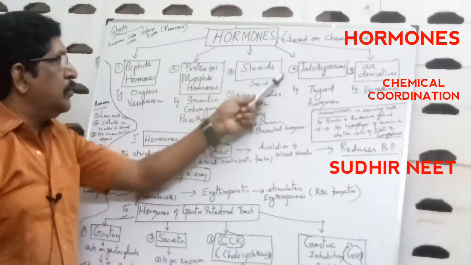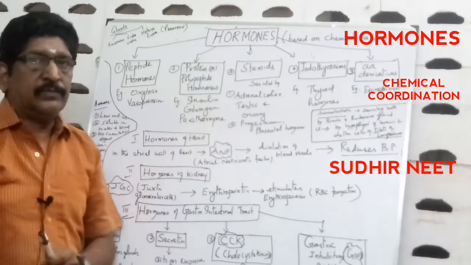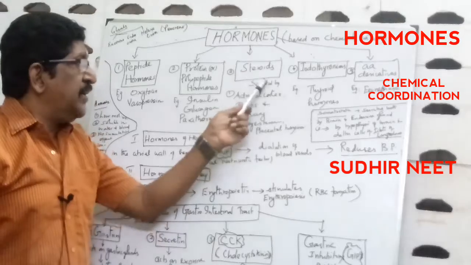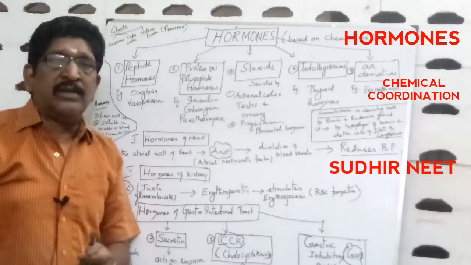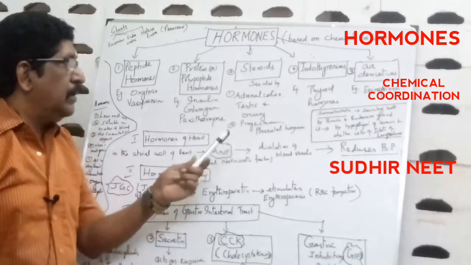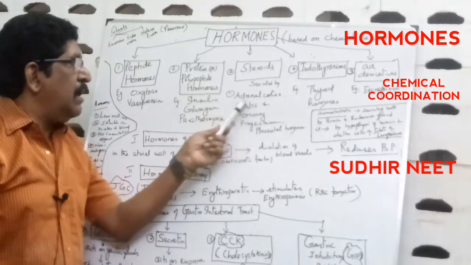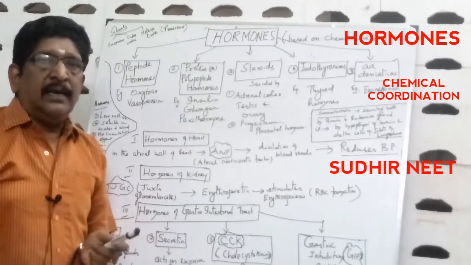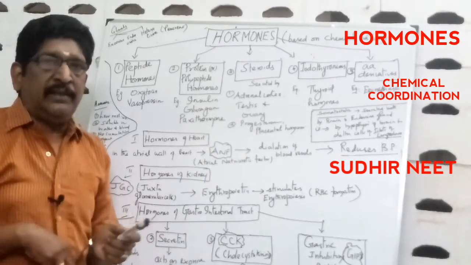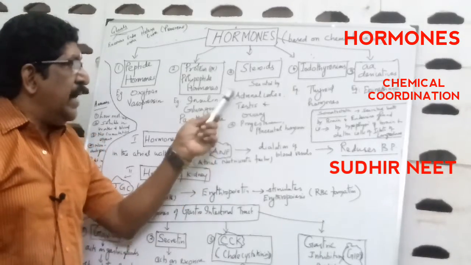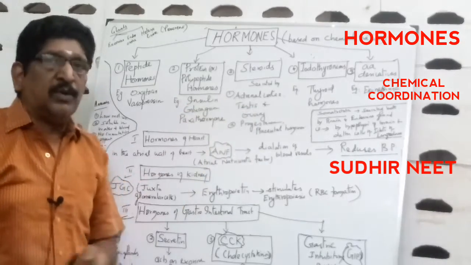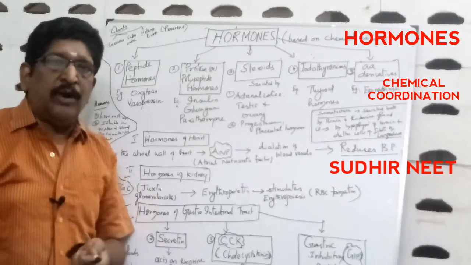Third type of hormones, steroids. They are secreted by the adrenal cortex: glucocorticoids, mineralocorticoids, etc. You know the adrenal gland? The adrenal gland is a complex structure on the kidney, the suprarenal gland. That adrenal cortex secretes some hormones, glucocorticoids and mineralocorticoids.